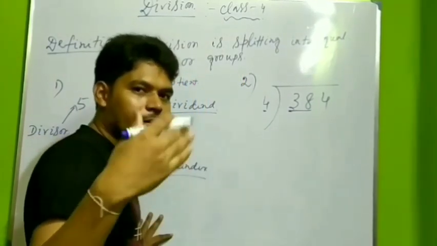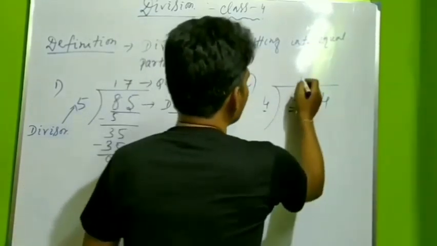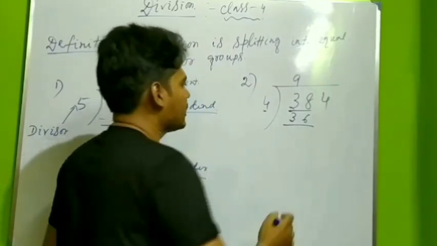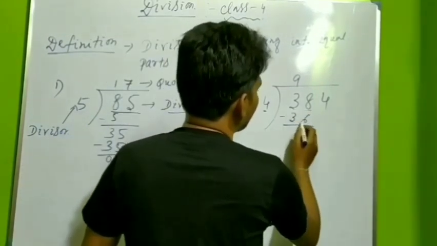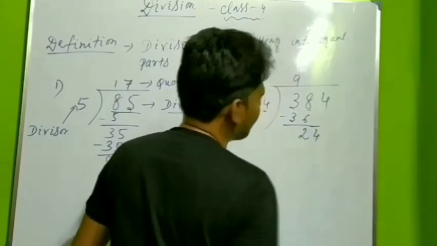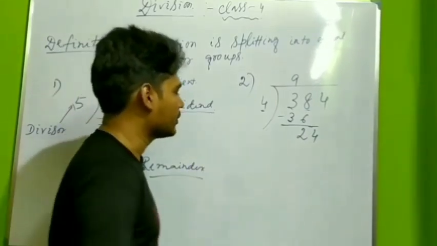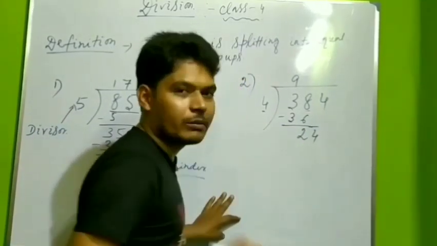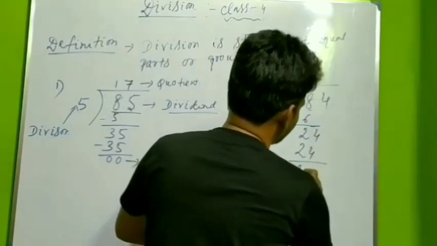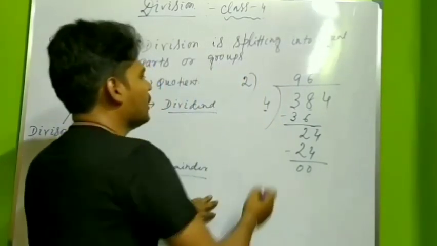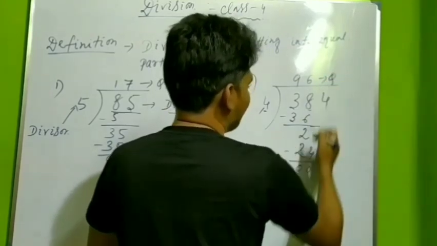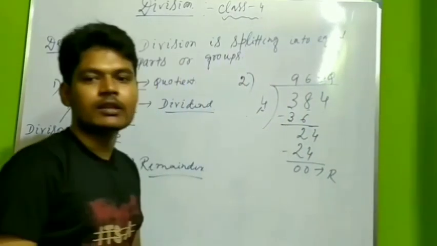Then you remember the multiplication table of 4. 4 into 9 is 36. Now you subtract 36 from 38, we get 2. 4 comes down. Now again you remember the multiplication table of 4. 4 into 6 equals 24. So here the divisor is 4, the quotient is 96, and the remainder is 0.